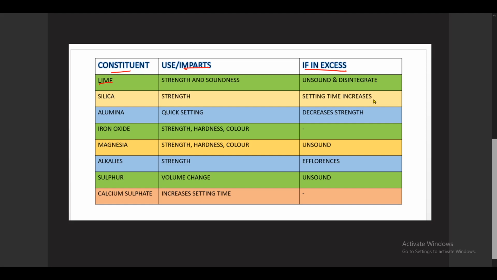The first one is lime. You can see it imparts strength and soundness. If it is in excess then the cement becomes unsound and it will obviously disintegrate. One by one the constituents' roles are noted down here, so you can keep that table in mind so that you are able to solve the questions on this point.